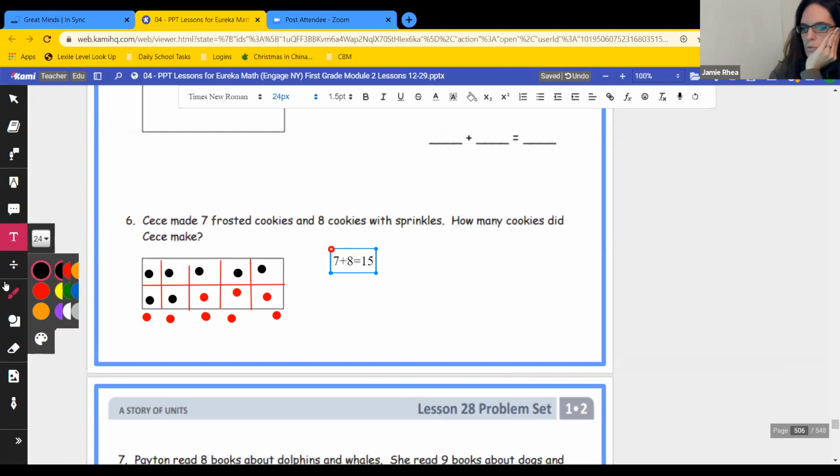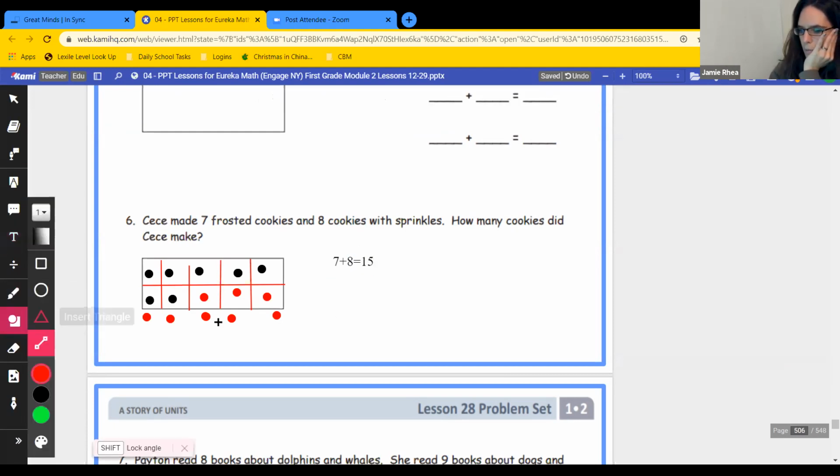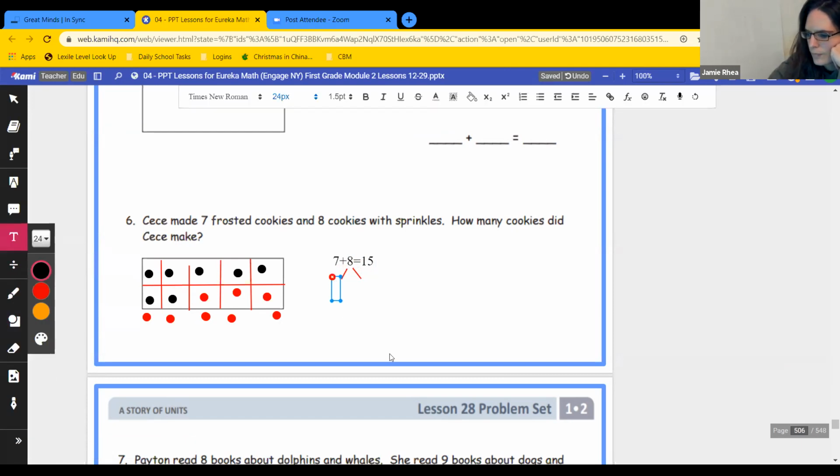Now, we knew that if we broke apart our 8 into 3 and 5, that we could say 7 plus 3 equaled 10.